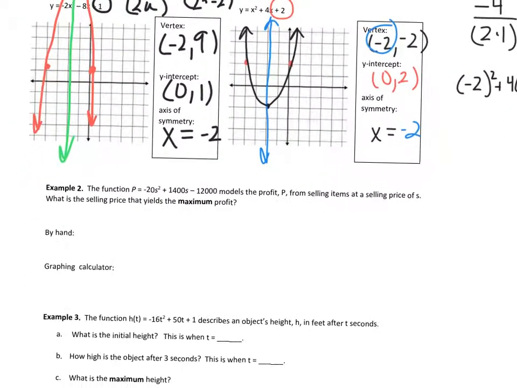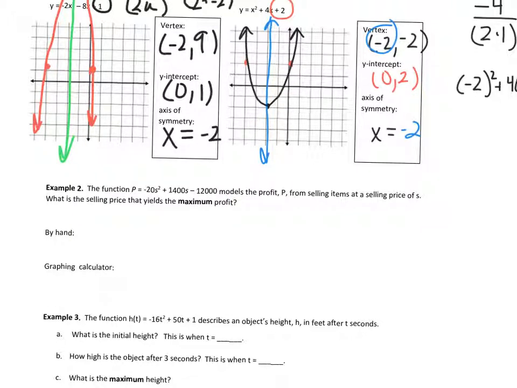Okay, example 2. The function P equals negative 20s squared plus 1400s minus 12,000 models the profit P from selling items at a selling price of S. What is the selling price that yields the maximum profit?